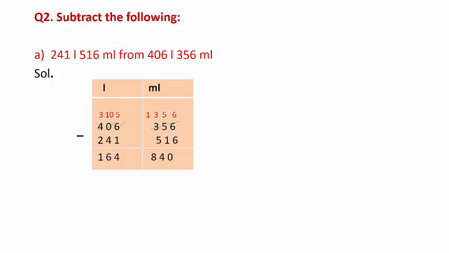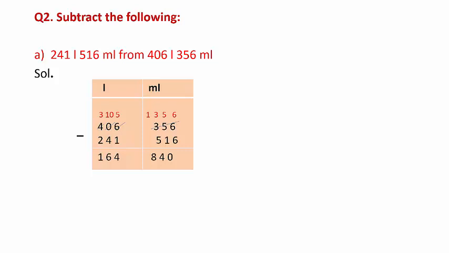So 1000 milliliter plus 356 milliliter will become 1356 milliliter. Now we can easily subtract 1356 milliliter minus 516 milliliter. So when we subtract, we get 840 milliliter, that is 6 minus 6 will be 0, 5 minus 1 will be 4, and 13 minus 5 will be 8. So 840 milliliter.